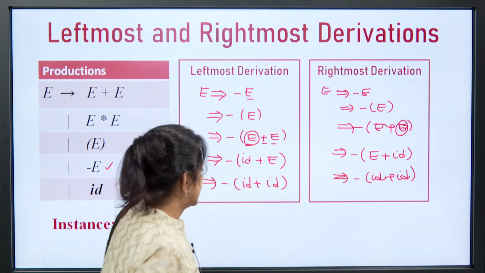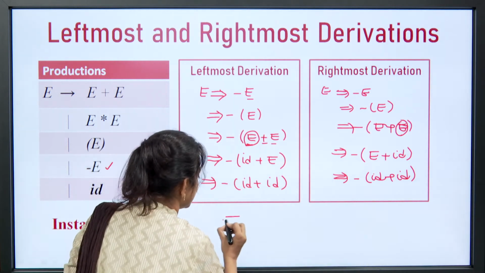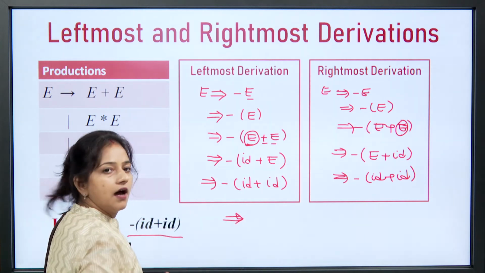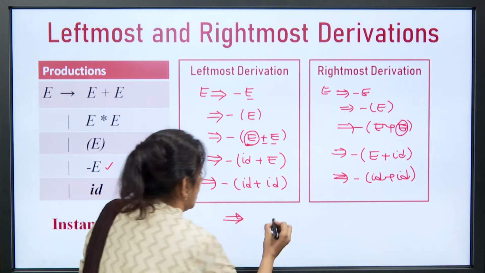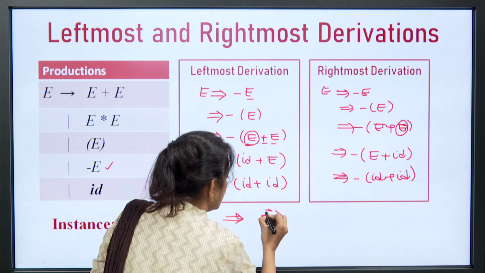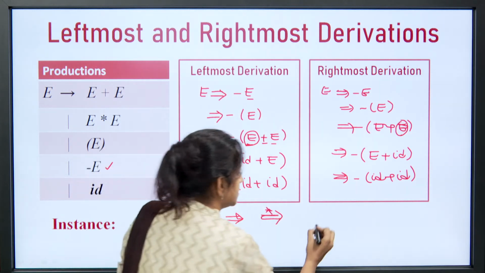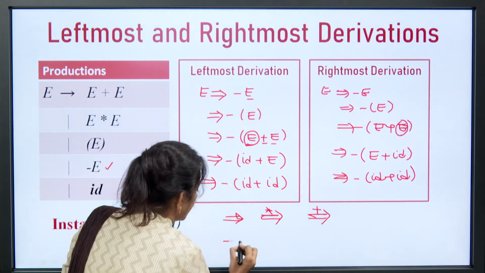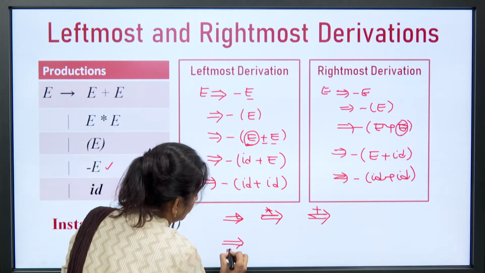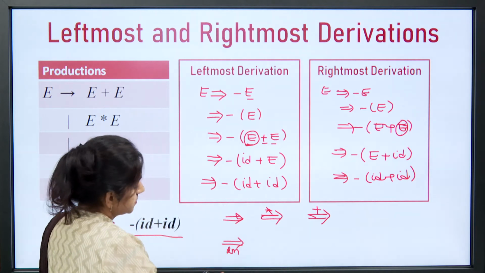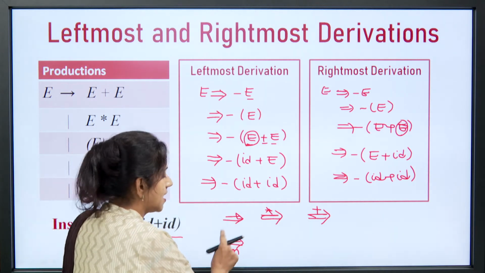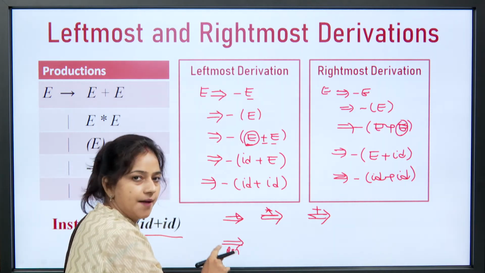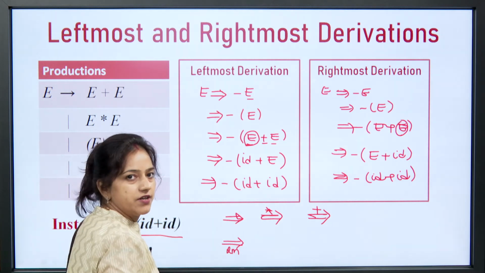Here we will look at certain notations. This one says derives in one step, this says derives in 0 or more steps, this says derives in 1 or more steps. Similarly, we can write this, and below it we may write LM. So it shows LHS derives RHS in one step using leftmost derivation.